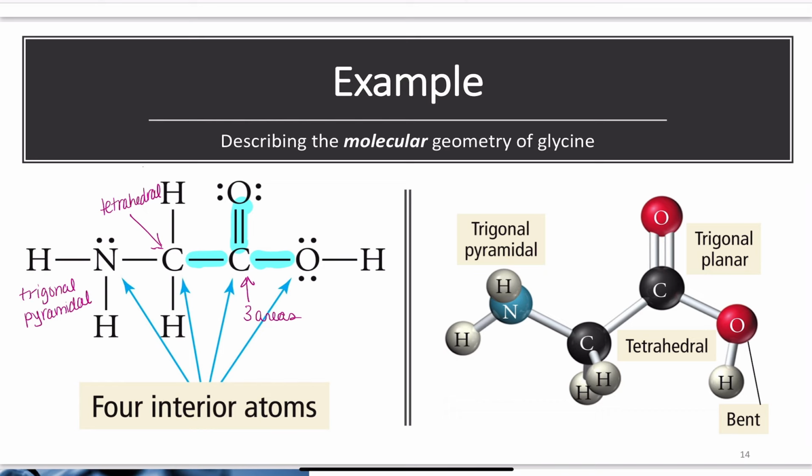This is going to be trigonal planar. It's trigonal because it's forming a triangle. That carbon itself, we can see here, is forming a triangular shape with the atoms 120 degrees apart. And oxygen, its favorite structure to form, 1, 2, 3, 4 areas of electron density, but 2 lone pairs. So 2 bonds, 2 lone pairs, is bent.